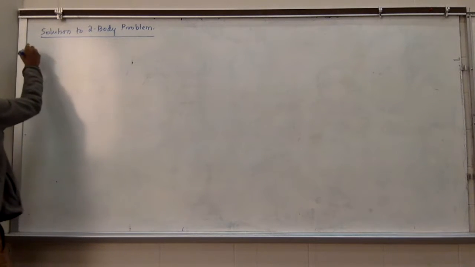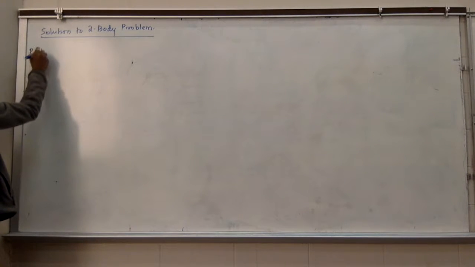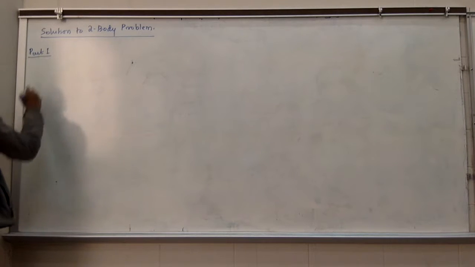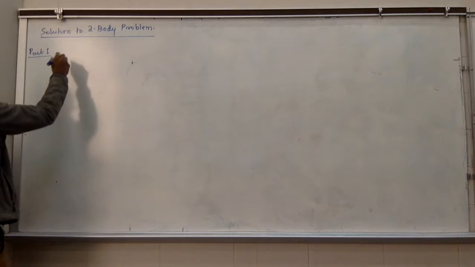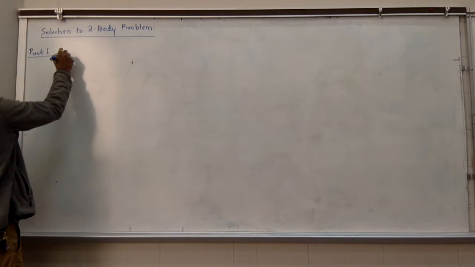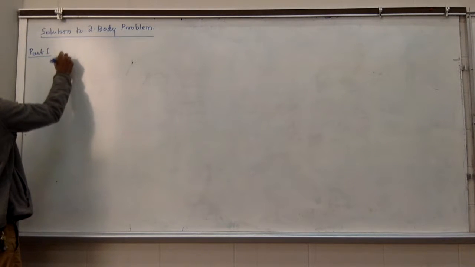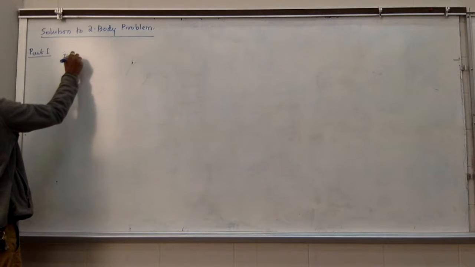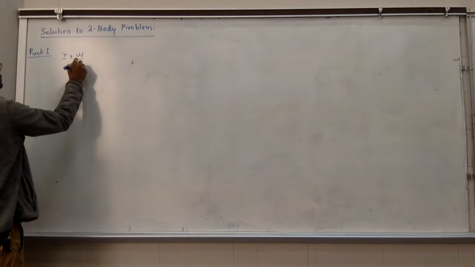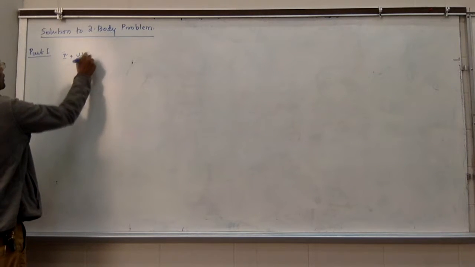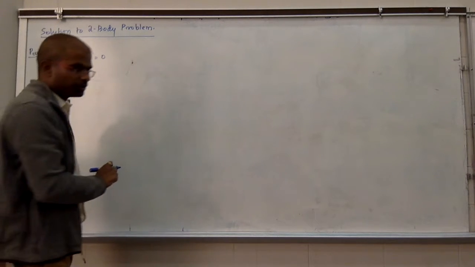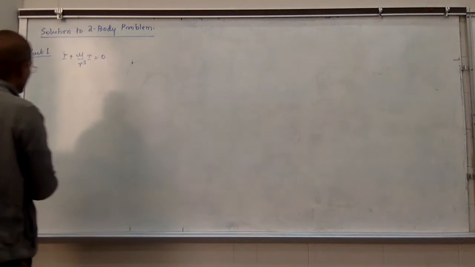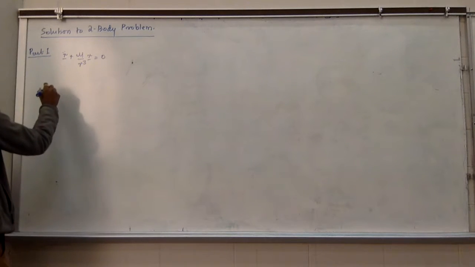Part 1: we start with the two-body problem itself, which is r double dot plus mu over r squared r is equal to 0. We take this and pre-cross it with H.